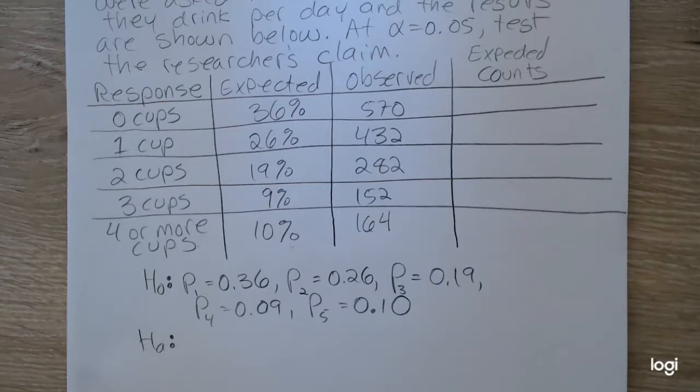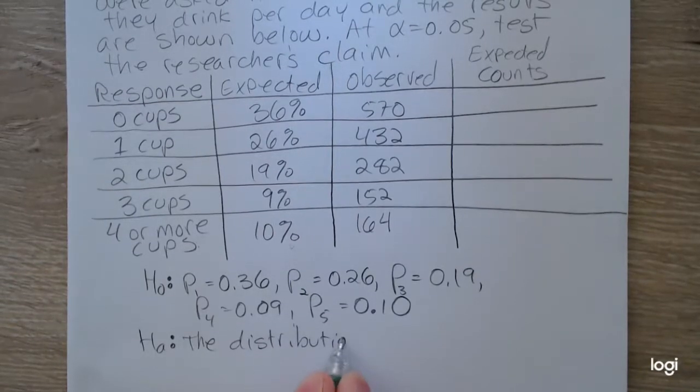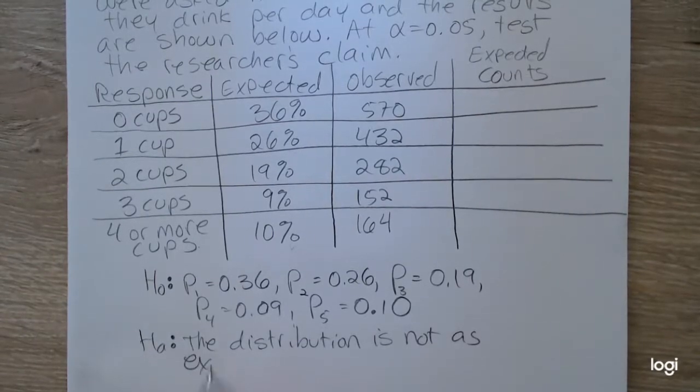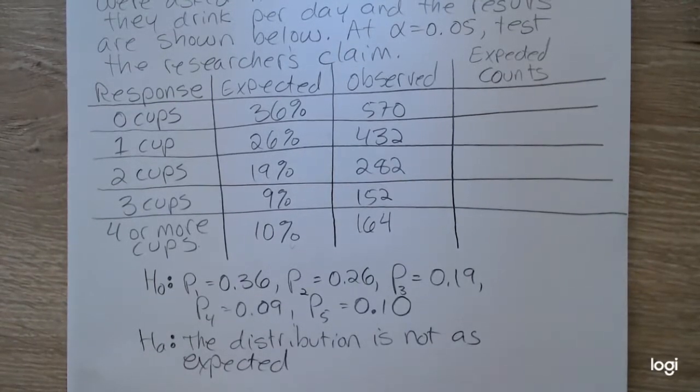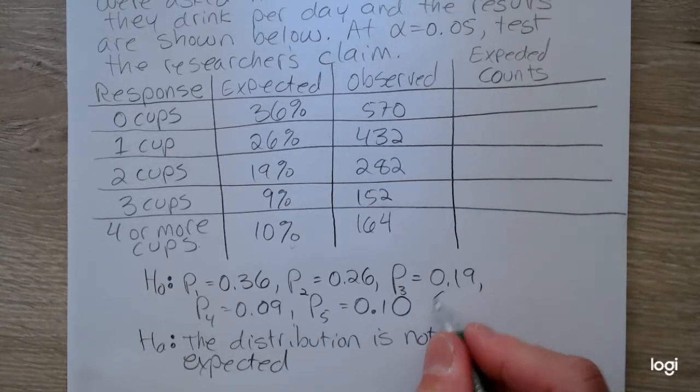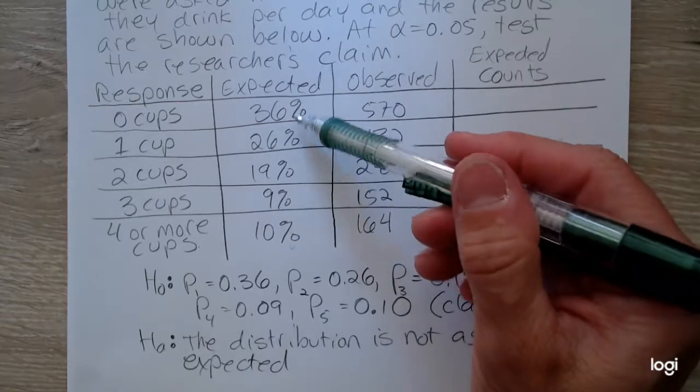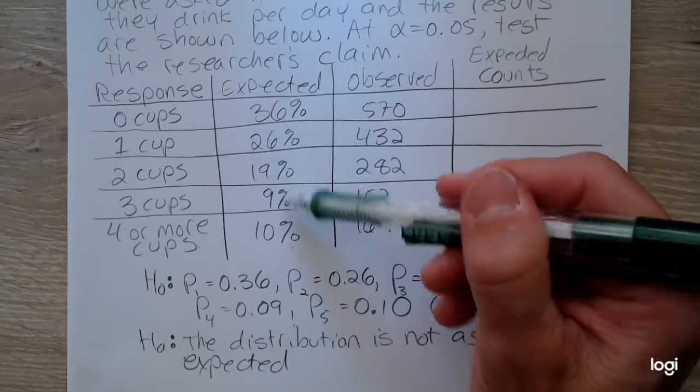You might want to go with how your textbook is stating that. So I'm just going to put the distribution is not as expected. All right, so for this example, the null is the researcher's claim. Okay, so this is what the researcher is claiming the distribution to be.